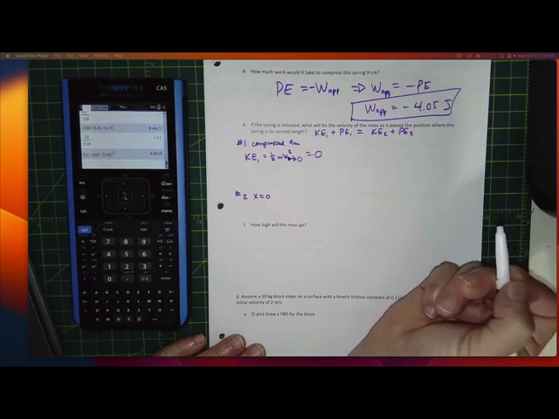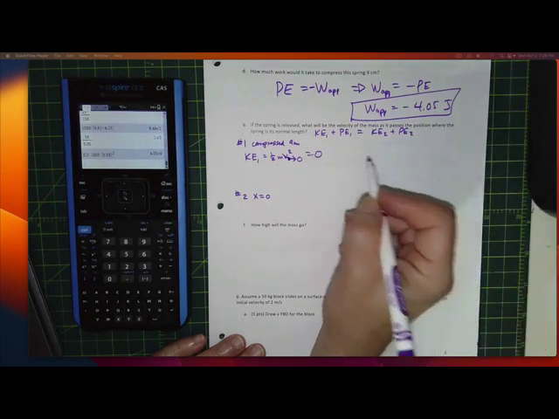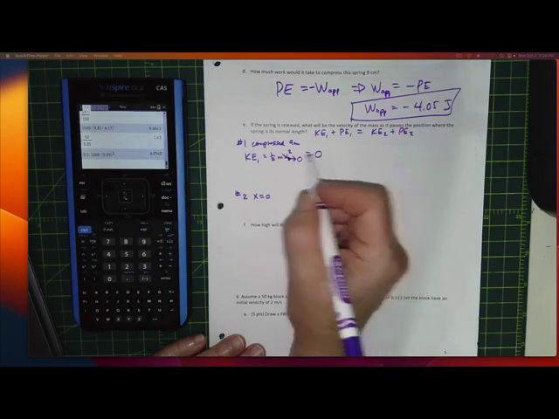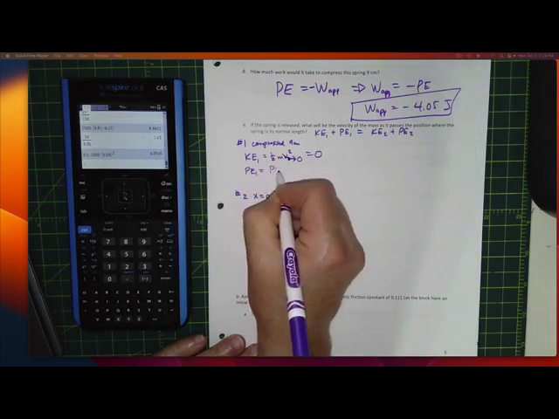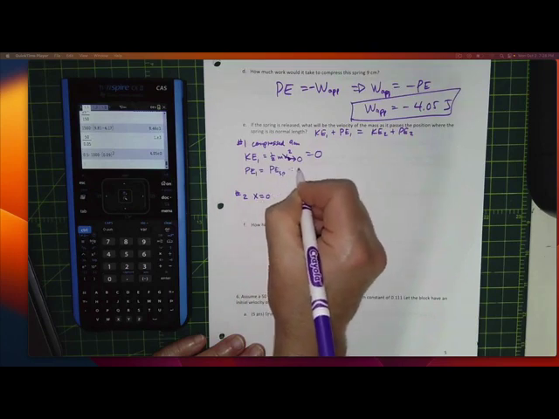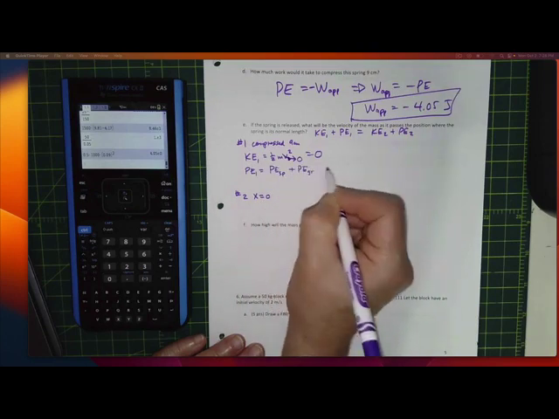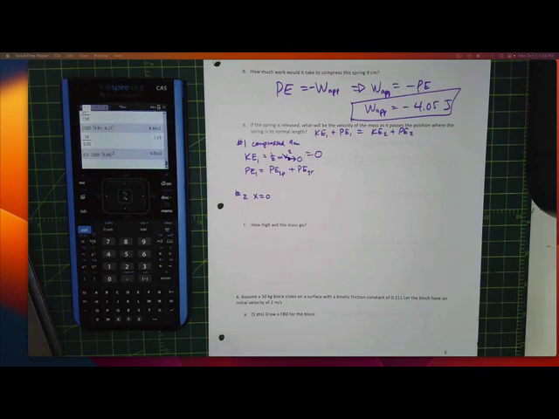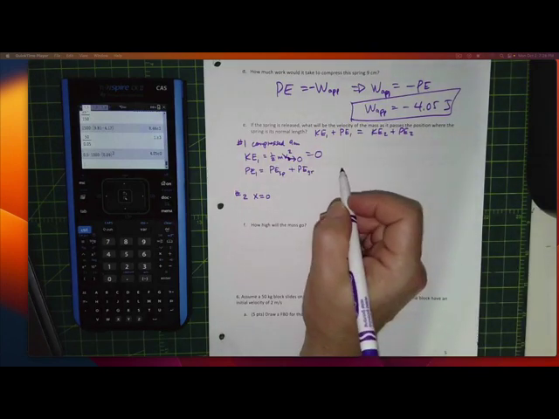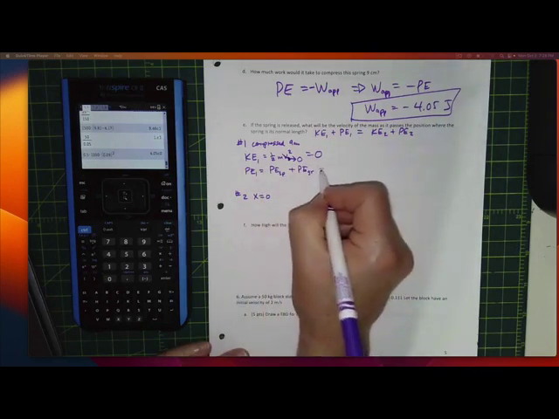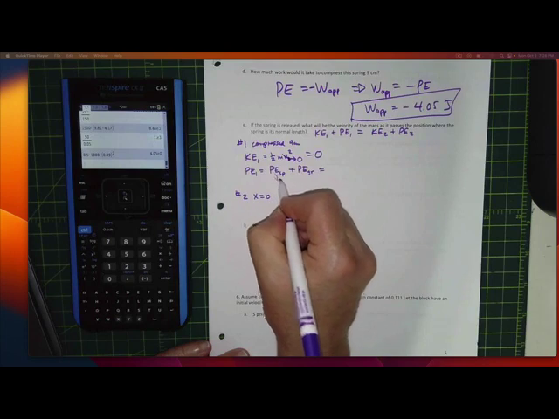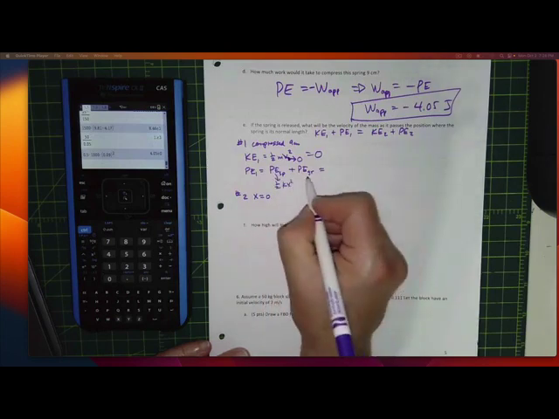Now potential energy. What kinds of potential energy does this thing have? PE1 can have potential energy from the spring and from gravity, because it's oriented up and down. Potential energy is a little more tricky than kinetic energy because it can have multiple sources. The spring's potential energy is 1/2 kx squared, because it is compressed.